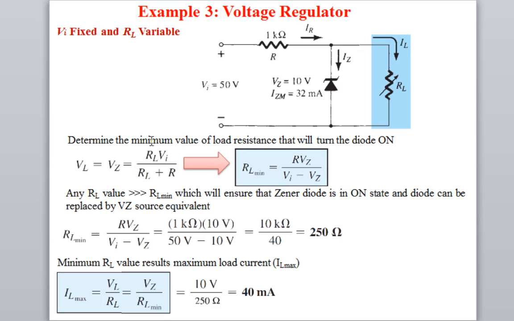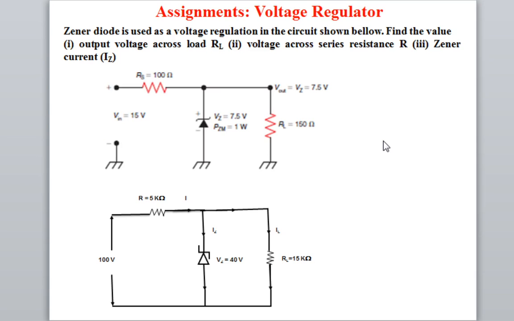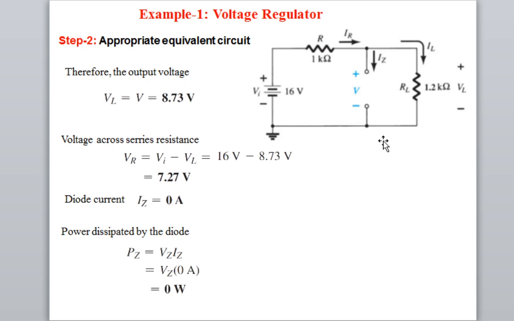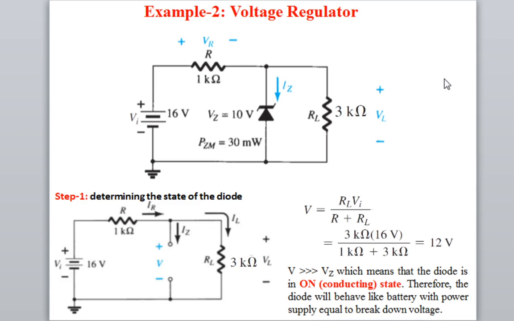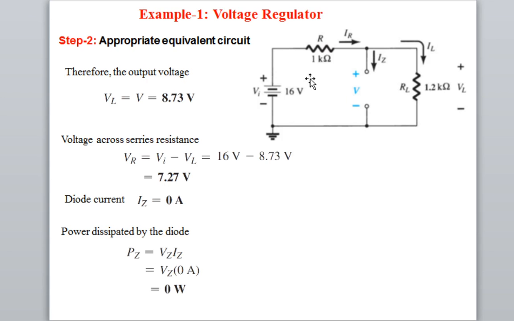So to determine the minimum value of load resistance that will turn the diode on. In the previous problem, if you see example 1 and example 2, both remain the same problem: 16 volt, 1 kilo ohm, 1.2 kilo ohm.